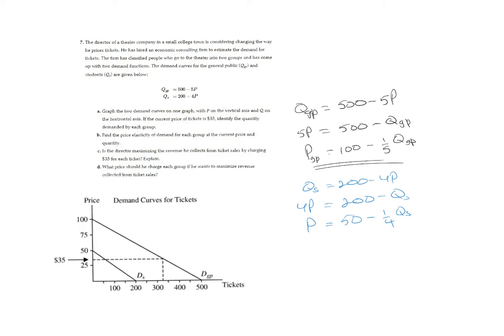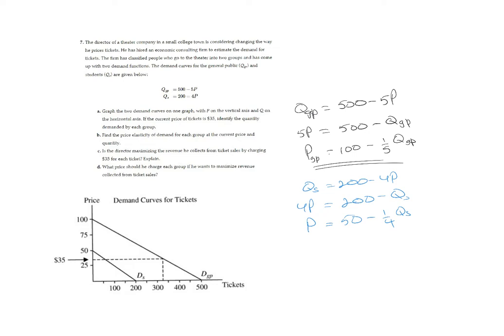And this demand curve shows that the demand for students lies under the demand for general public. So for general public, the y-intercept was 100. And then when price is 0, if we look at this, demand will be 500. So this is how we get the second point.